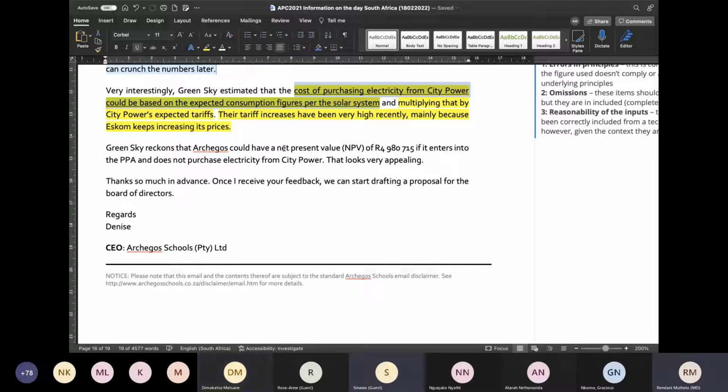Thank you. No, thank you for that. But it sounds like we might be interpreting this differently. Maybe let me make sure how you would have expected it to be worded. The fact that they say the expected consumption figures per the solar panel, did you not read it as incorporating that view that you're just talking about?